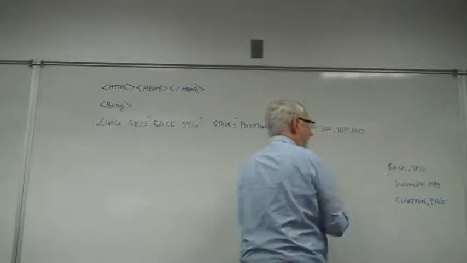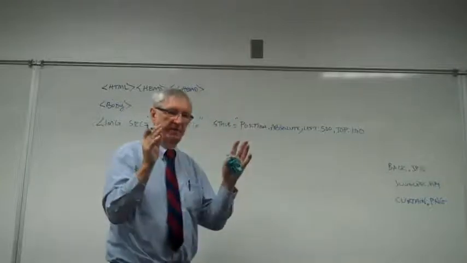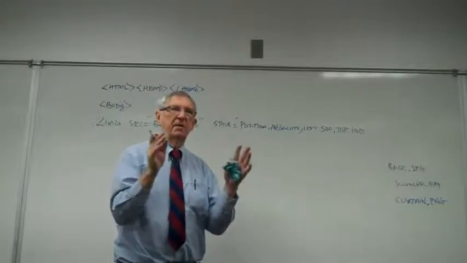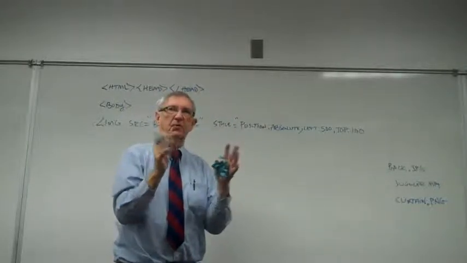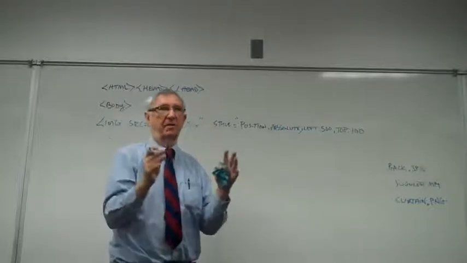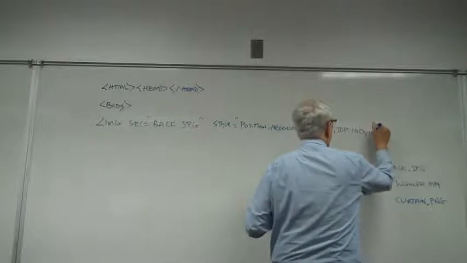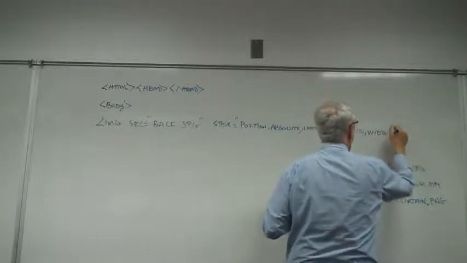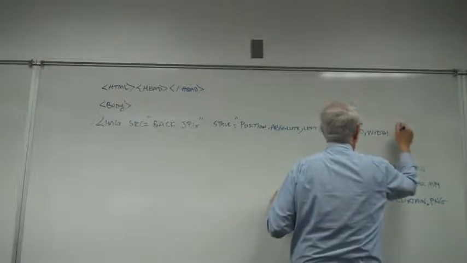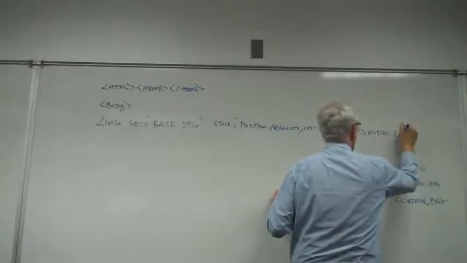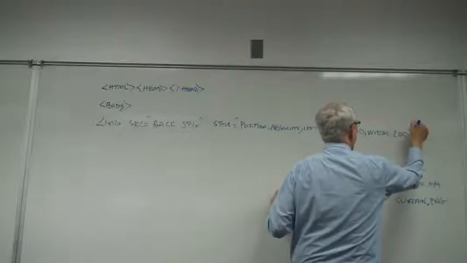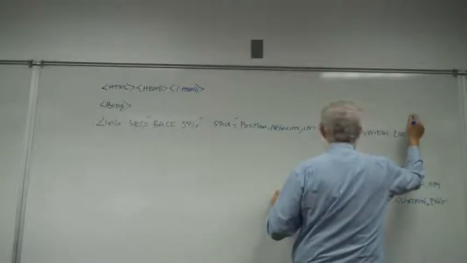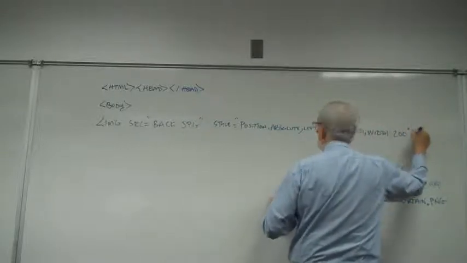And let's make the width. What you have to do when you're making things like this, where they're on top of each other, you have to make sense about the width. So you may have to control the width to make sure that it works right. So let's set the width. We'll just set it at 200. I want to keep all the numbers different, that's all. And I believe that's it.